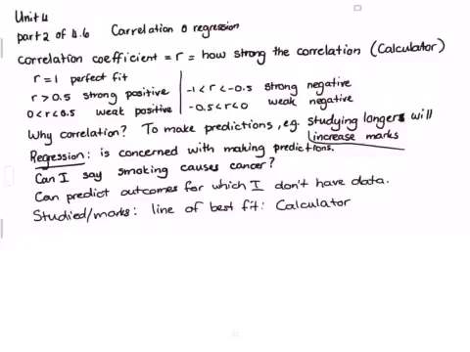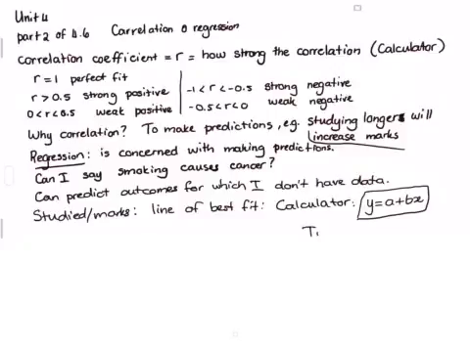And your line of best fit, instead of saying y equals mx plus c, we say y equals a plus bx. That is just your statistical line of best fit. Your a is still your y-intercept, your b is your gradient.